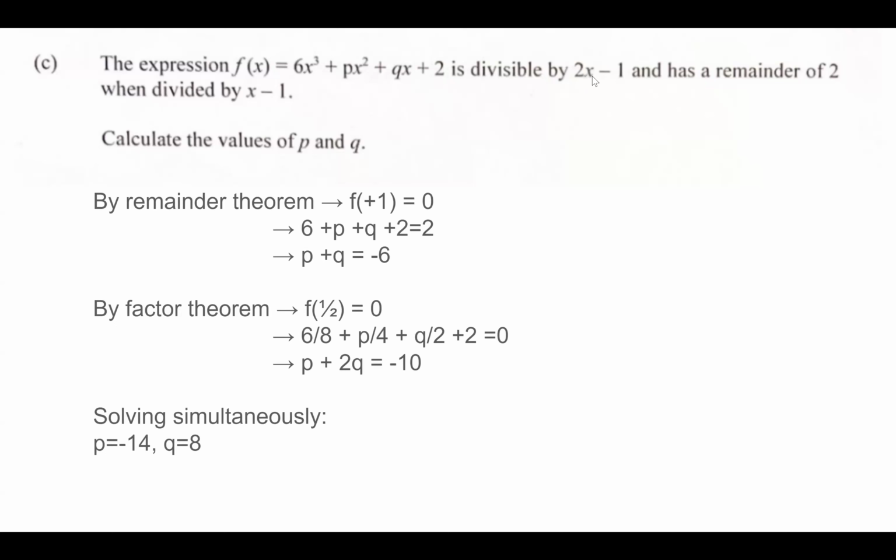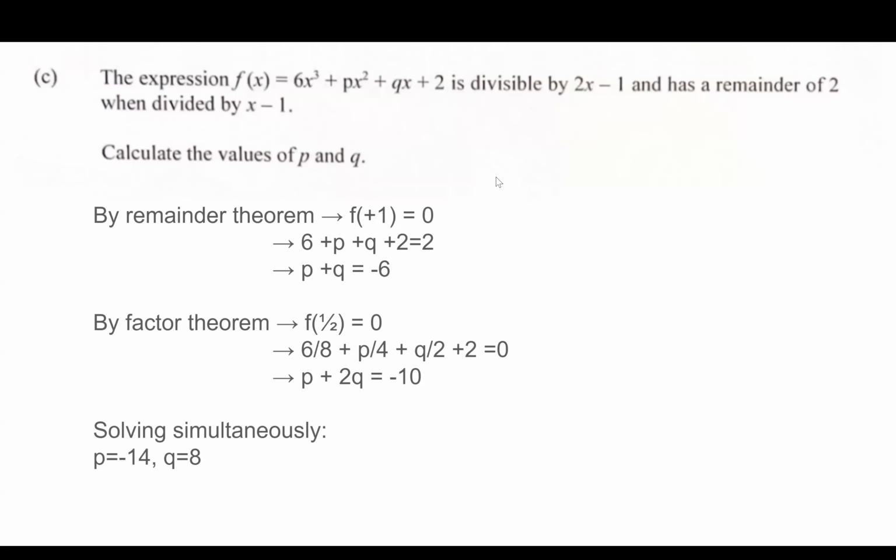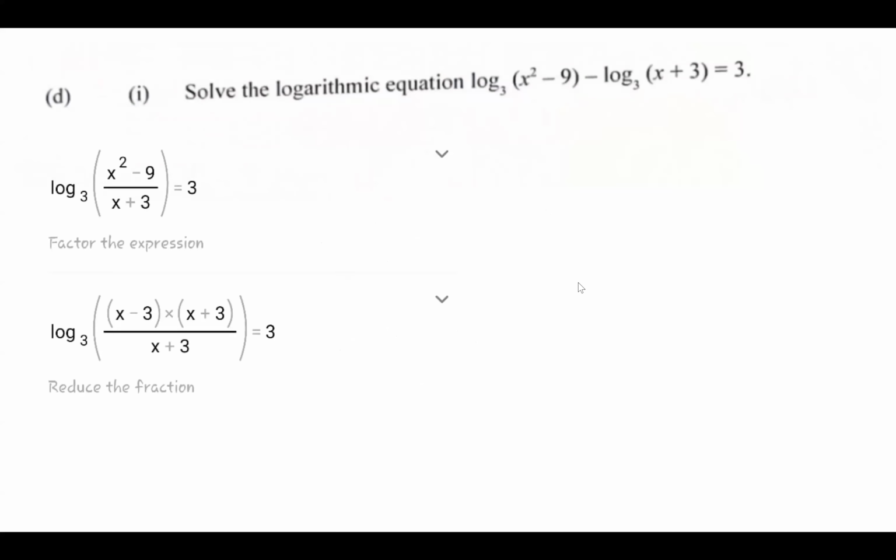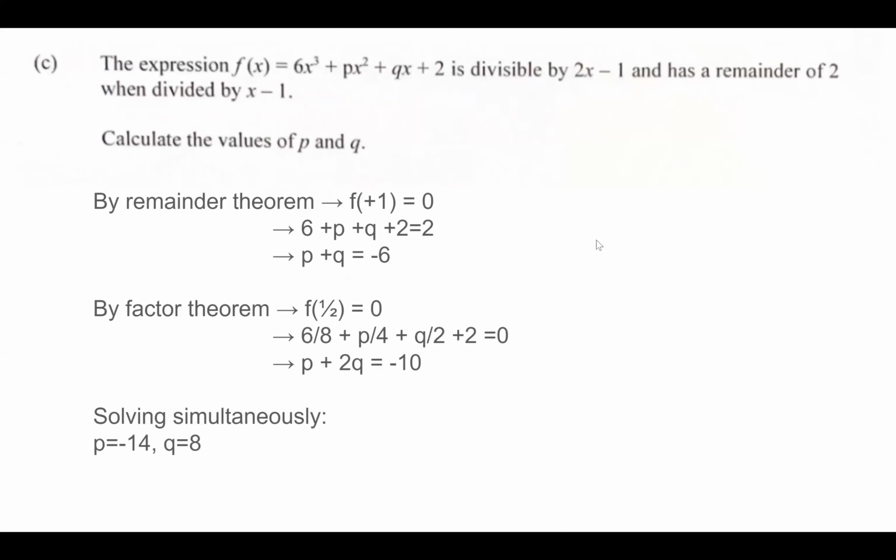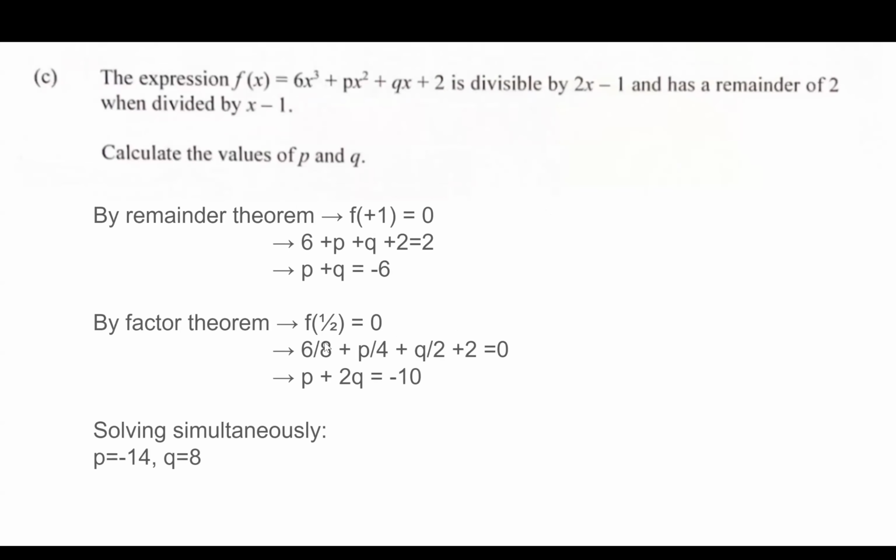That means x has to be a half, right? And we're saying that when we plug in a half into f, we're going to have 0 as the final answer.